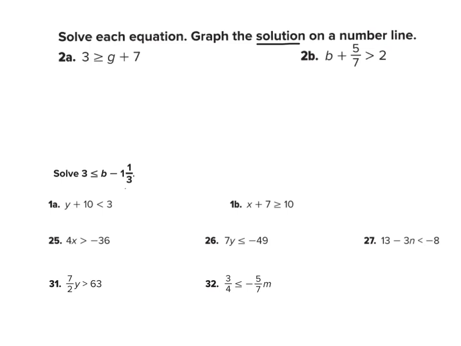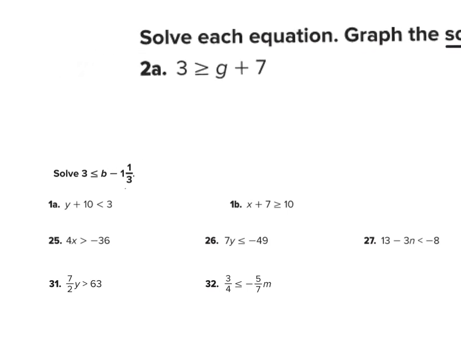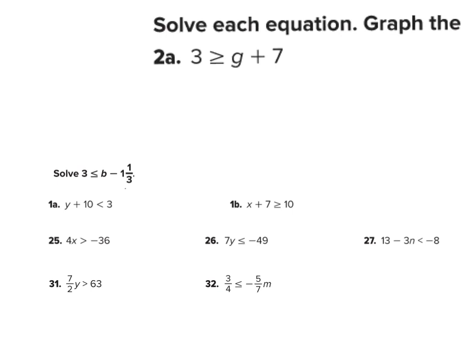The first thing we want to do when we read an inequality is just read it, how we would say it. So I'm going to read 2a as 3 is greater than or equal to g plus 7. The reason I say 3 is greater than or equal to is because my alligator mouth, which I like to call my inequality sign, is open towards the 3.